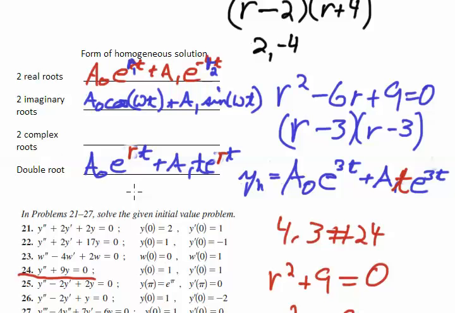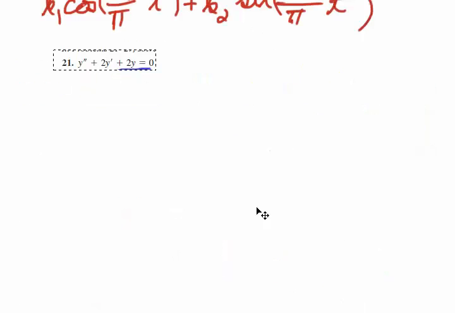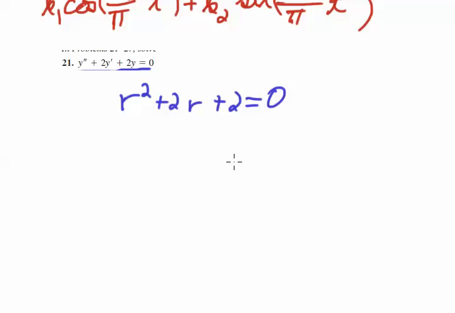Now what happens in the 2 complex root case? Well, probably just about any of these other problems will have two complex roots. Let's look at problem 21. For this one, the characteristic equation is r squared plus 2r plus 2 equals 0.